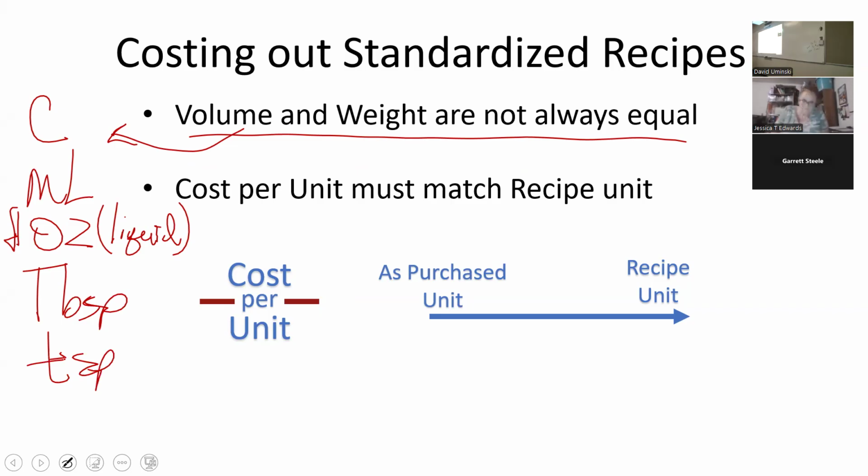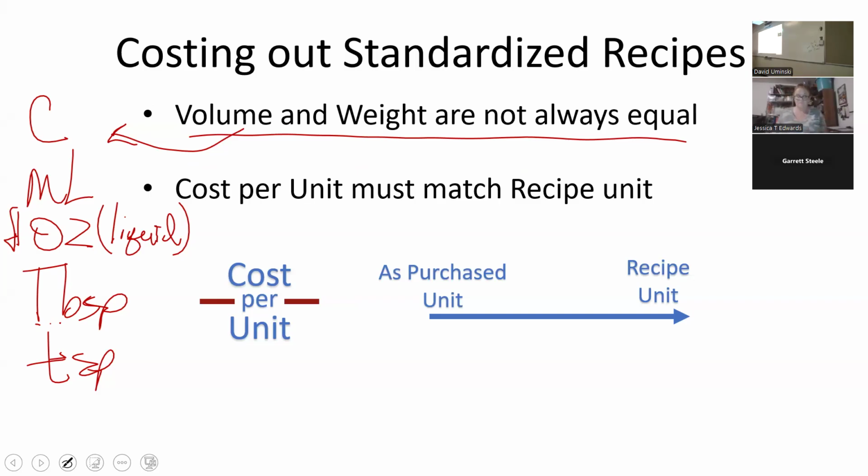Okay, questions, comments, concerns about that? So if I ask for the weight of a tablespoon of cinnamon, your first question is, tablespoon is volume. My first question is, is it a dry ingredient or is it liquid? If it's liquid, then I know a tablespoon equals how much? Yeah, 0.5. Half of a fluid ounce. Exactly.